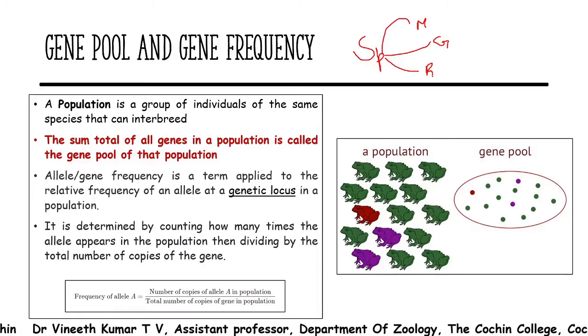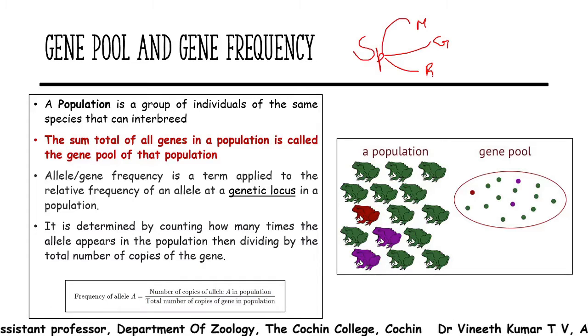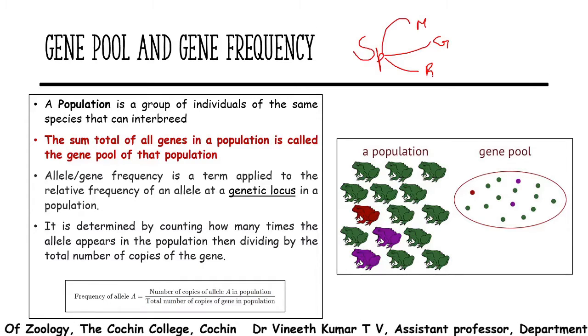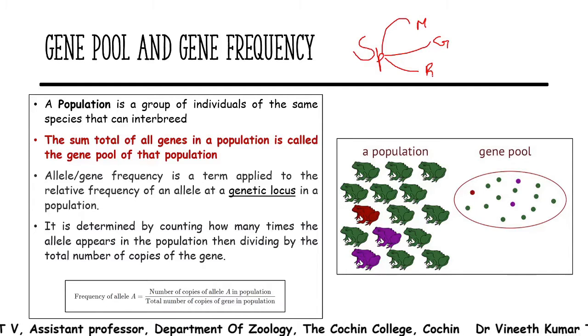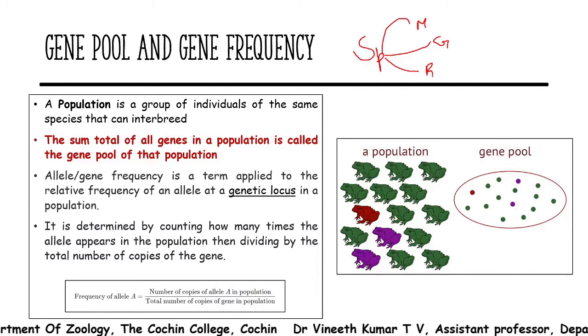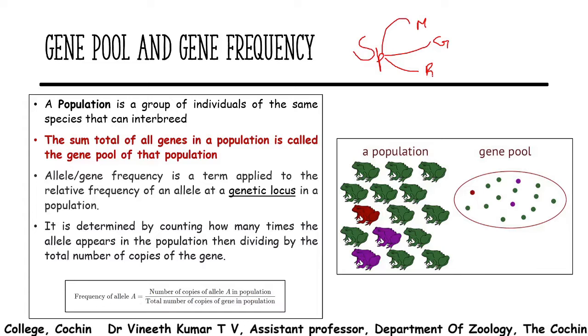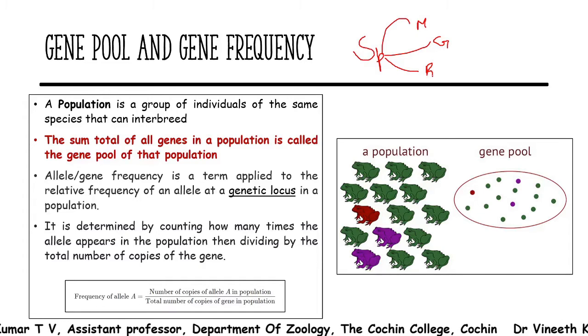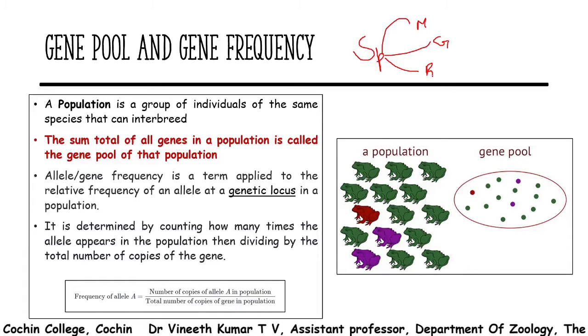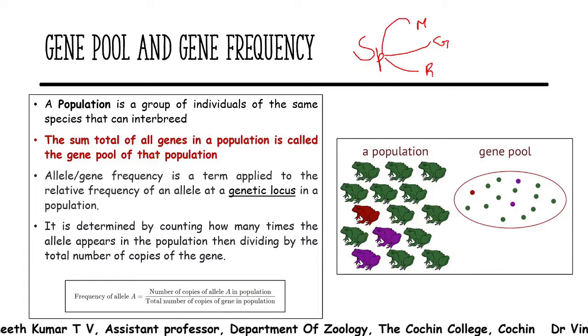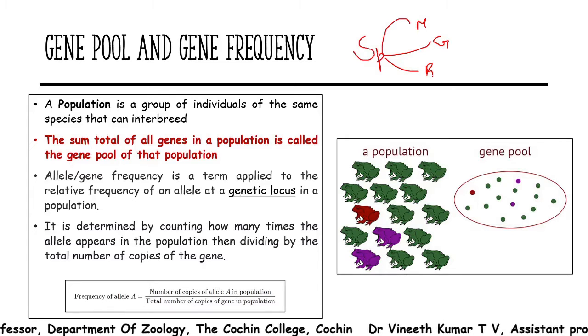But in the other case, two related species interbreed but do not produce fertile young ones. The example is the young one generated by the mating of a horse and a donkey. You get something called a mule. A mule is a viable individual.